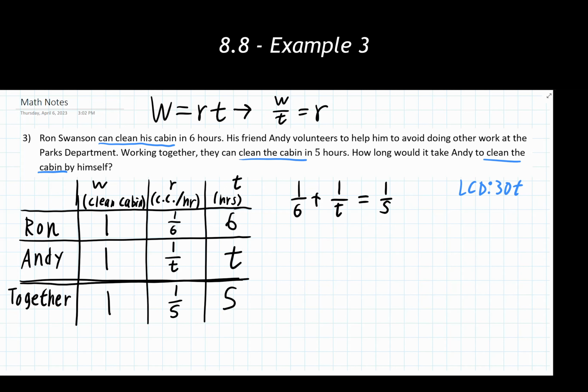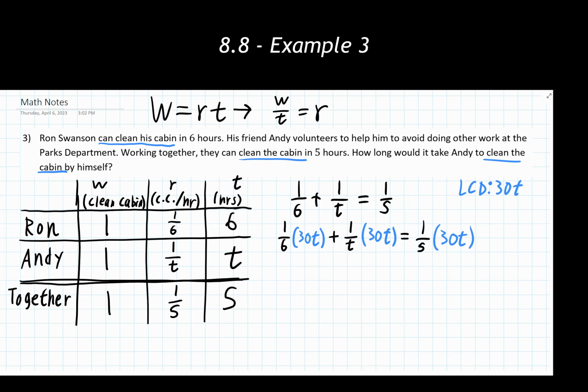Now I can multiply every single individual term in this problem by that lowest common denominator, and that's going to result in all of the fractions being eliminated. I should note this process of eliminating fractions can only be done if we are starting with an equation, meaning I have an equal sign showing up in my problem at the very beginning.